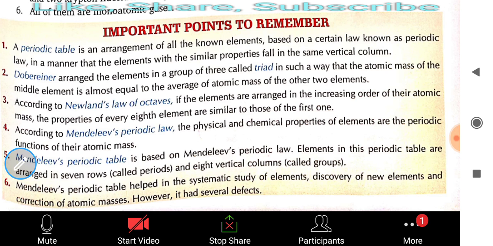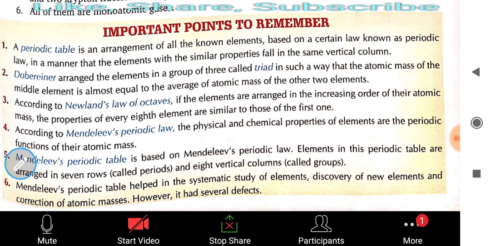Another purpose of the periodic table: if I talk about sodium, it is called sodium in India, and in a local language it can be called by another name. So providing names is also a peculiar characteristic of this periodic table.